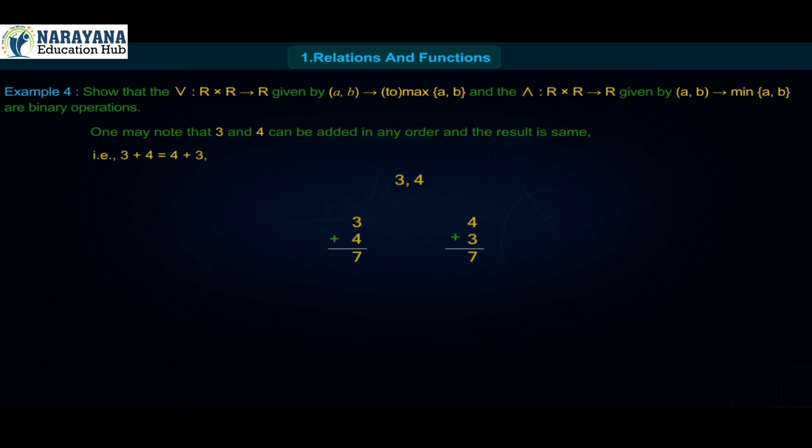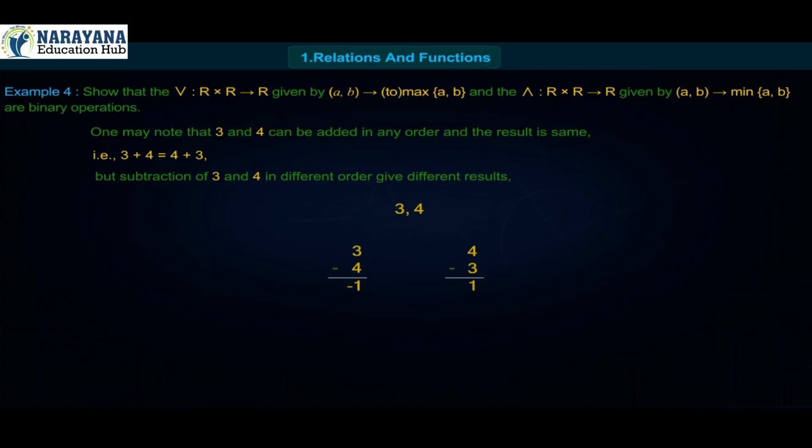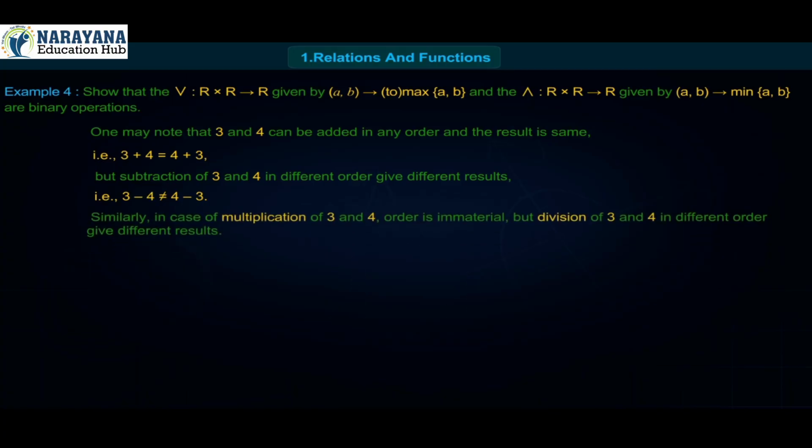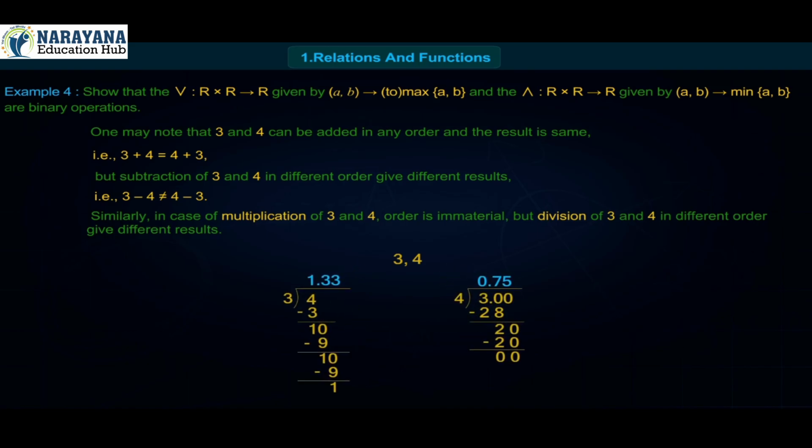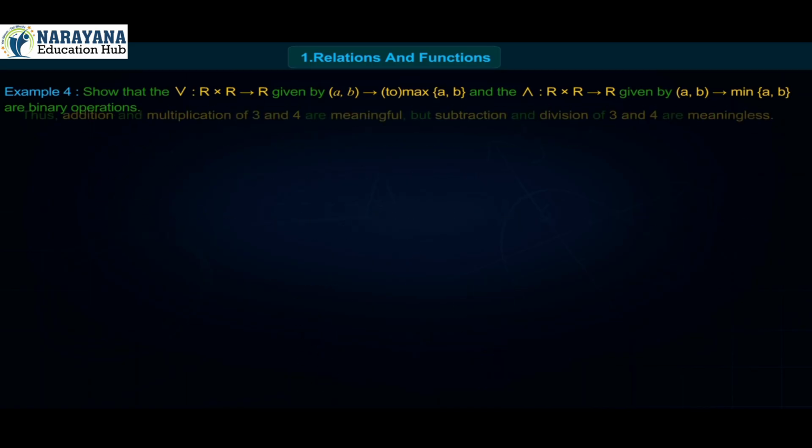One may note that 3 and 4 can be added in any order and the result is the same, that is 3 plus 4 is equal to 4 plus 3. But subtraction of 3 and 4 in different order gives different results, that is 3 minus 4 is not equal to 4 minus 3. Similarly, in the case of multiplication of 3 and 4, order is immaterial. But division of 3 and 4 in different order gives different results.